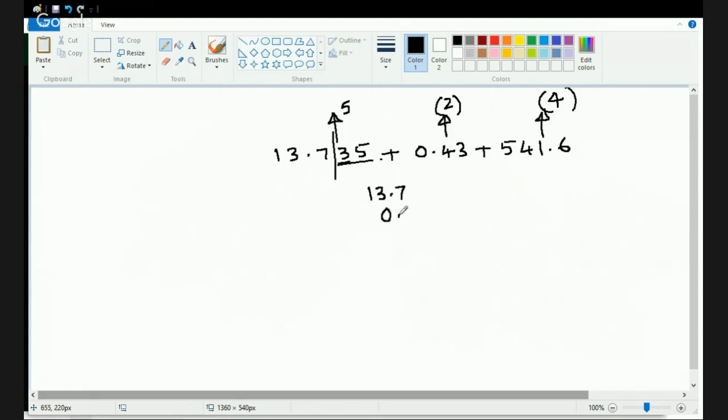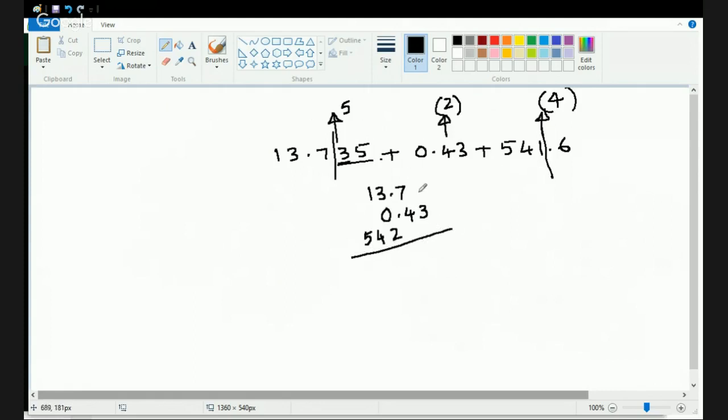This anyhow is 0.43. I am writing one below the other for addition. This has 4. I should write like this. When I draw a line like this, that 6 is also greater than 5. So, shall I treat that as 542? 542. I am taking like that because the significant digits will become 3.